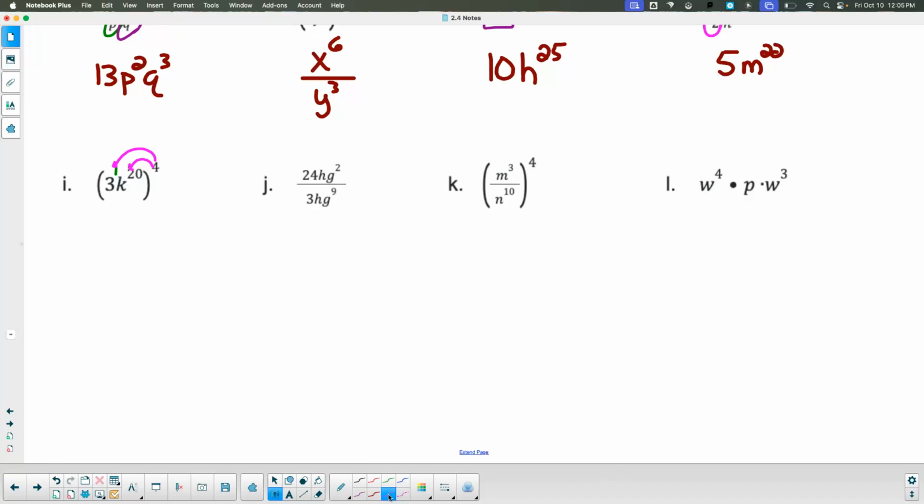So this would be like 3 to the 4th power, k to the 80th power. 3 to the 4th power is 3 times 3 times 3 times 3, which is 81. So this is 81k to the 80th power.